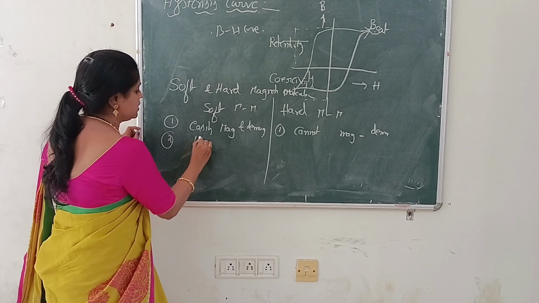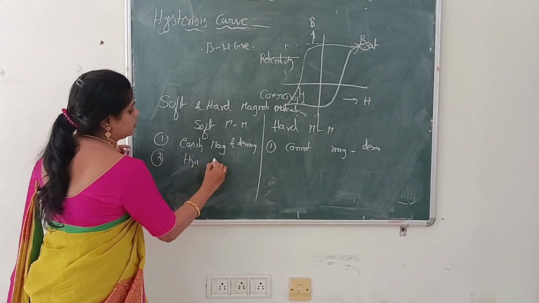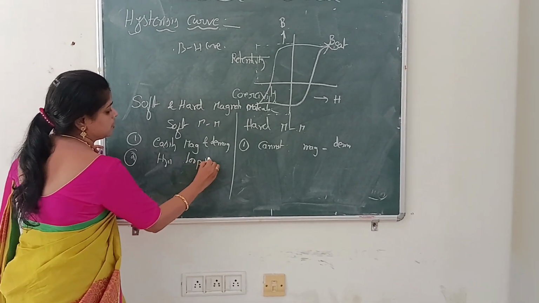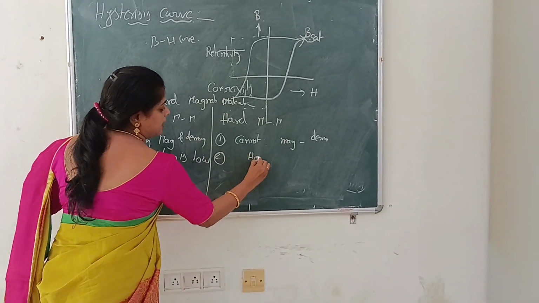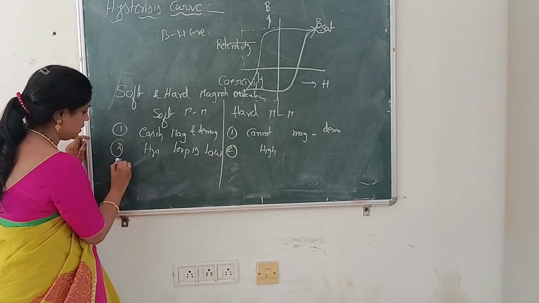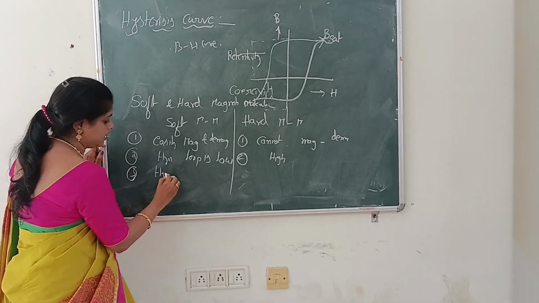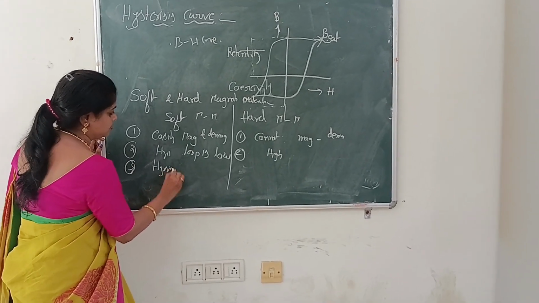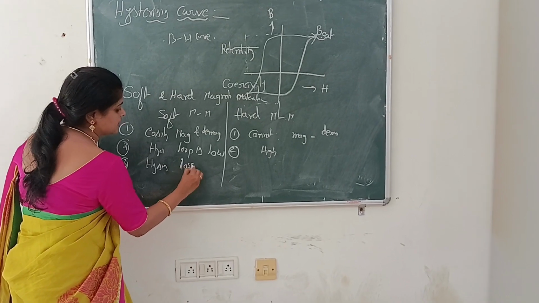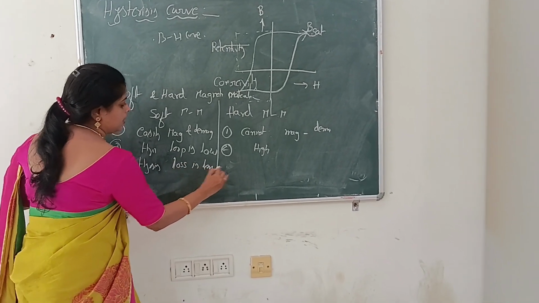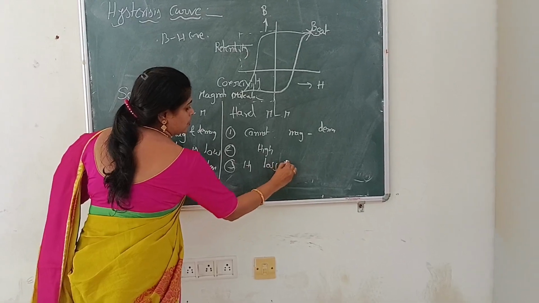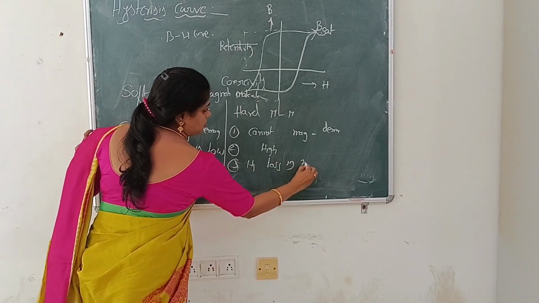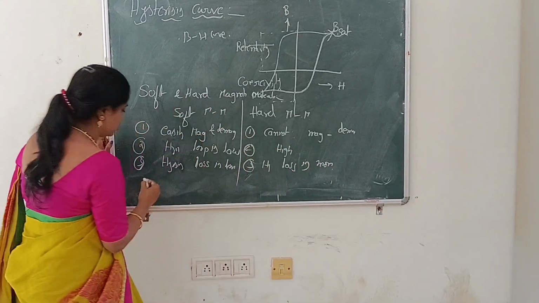For soft materials the hysteresis loop is small, so the hysteresis loss is less. Here, for hard materials, the hysteresis loop is large, and the hysteresis loss is more or high.